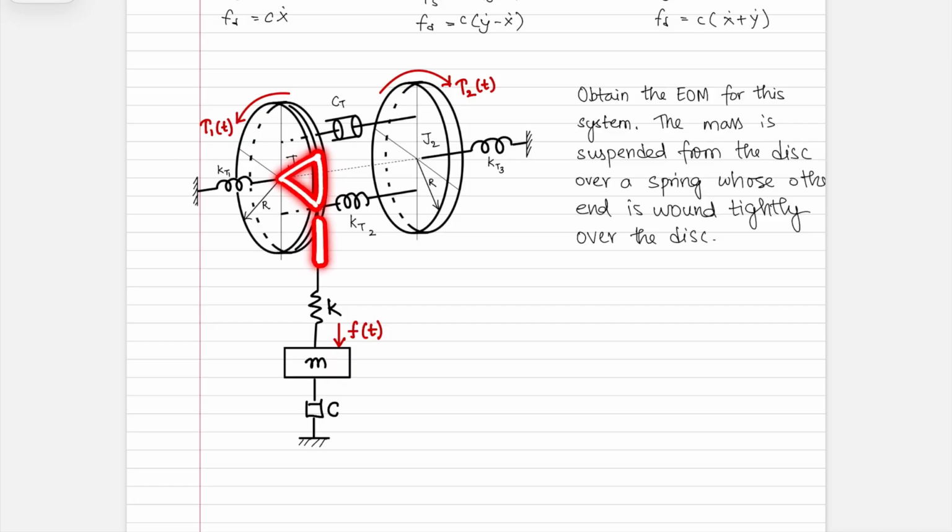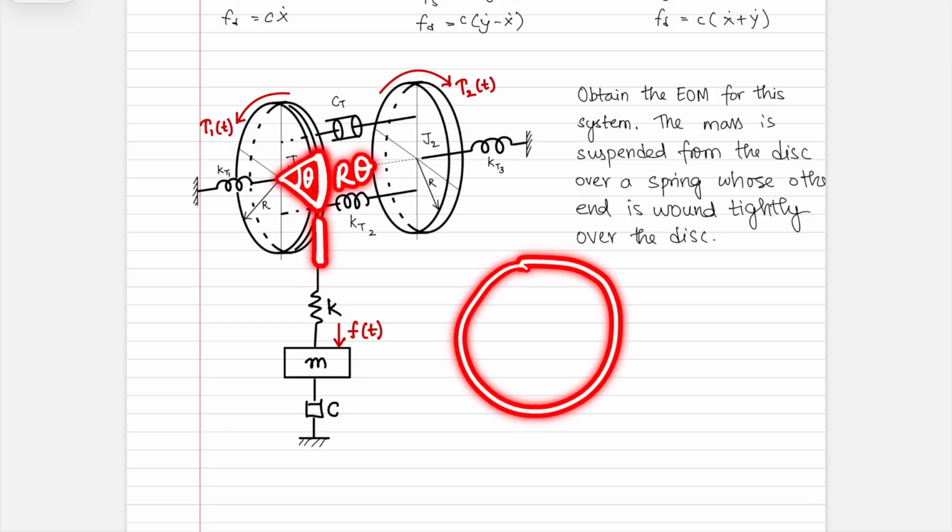So if this end of the disc were to rotate by theta 1, then how much would be released over here? It would effectively be the arc length, right? So if this is theta, the arc length would be r theta, correct? You have a circle, you have an arc set up by theta, then this length over here would be r theta. That's the arc length.